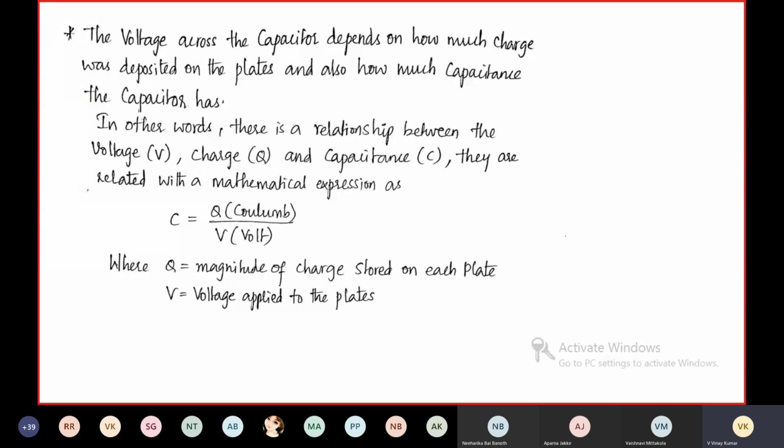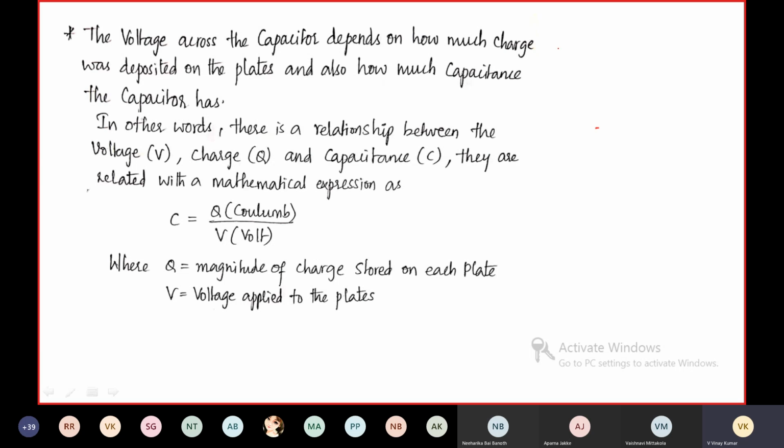Here V is the voltage across the capacitor, Q is the charge deposited on the plates, and C is the capacitance. Q is the magnitude of charge stored on each plate.